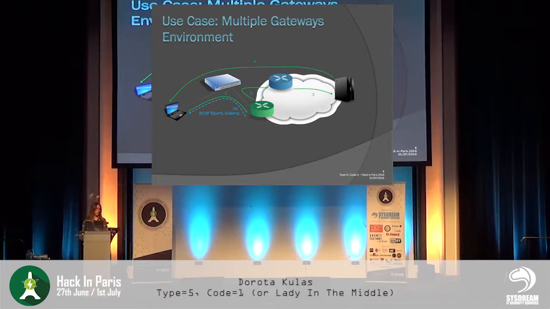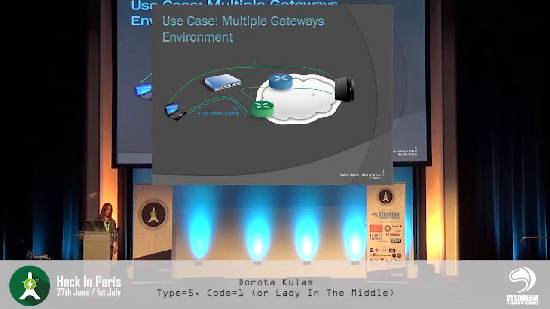Then this green router checks its routing table. The packets should go to the black server, and it sees that in order to route this packet properly, it has to go through this blue router.